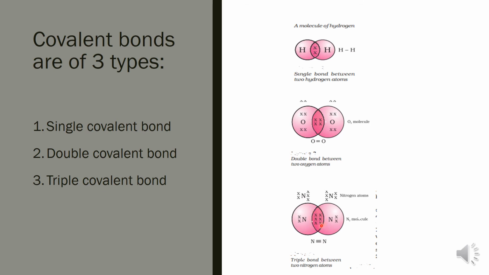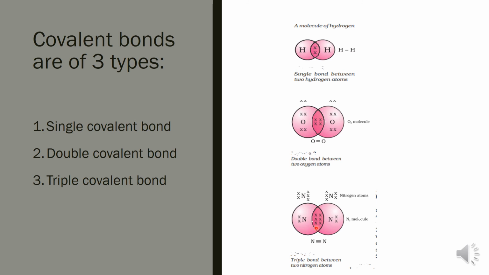So in common there will be 6 electrons which will be belonging to both atoms, and these 6 electrons will complete this nitrogen atom's octet and this nitrogen atom's octet also.